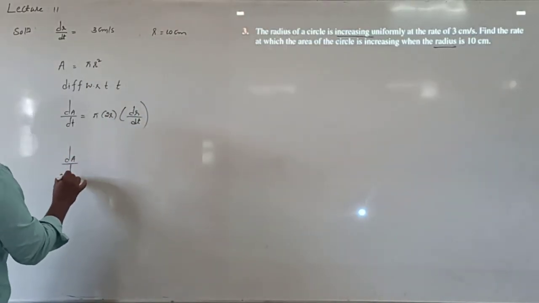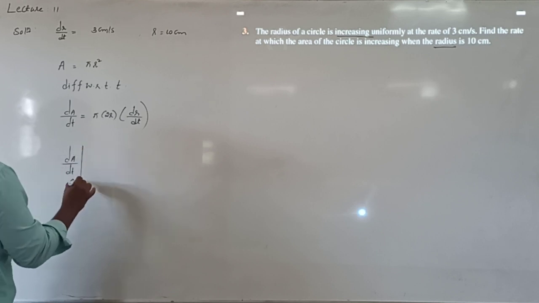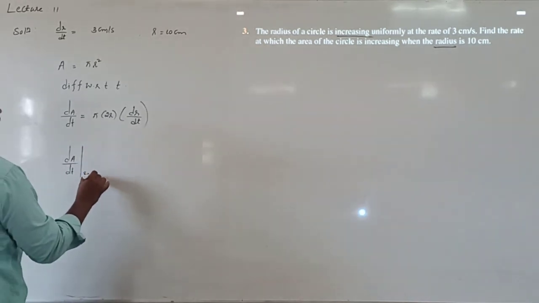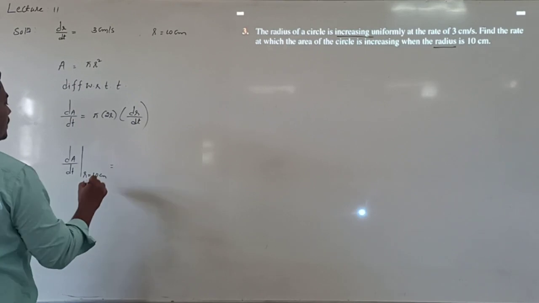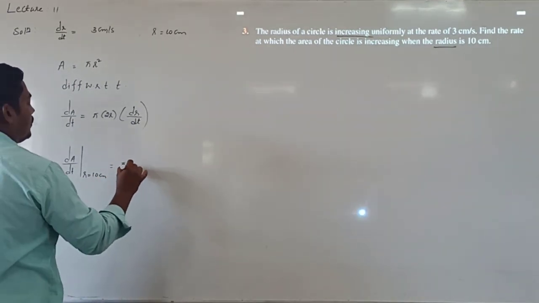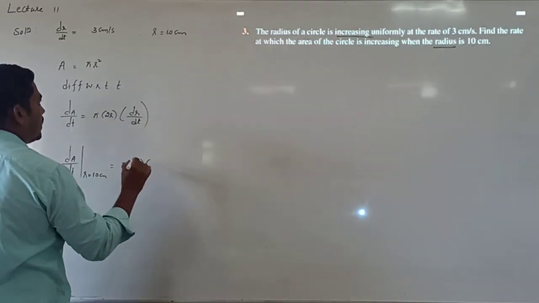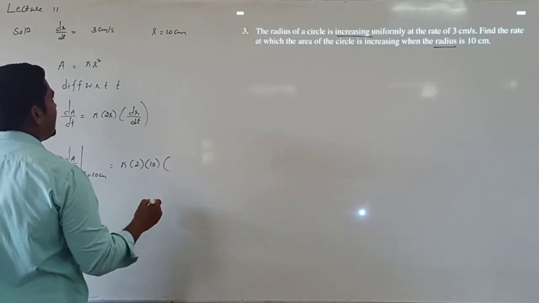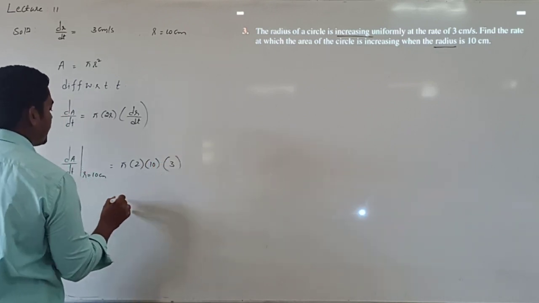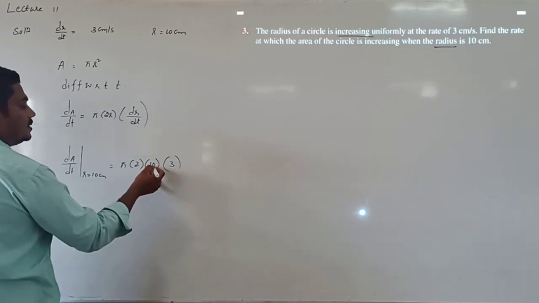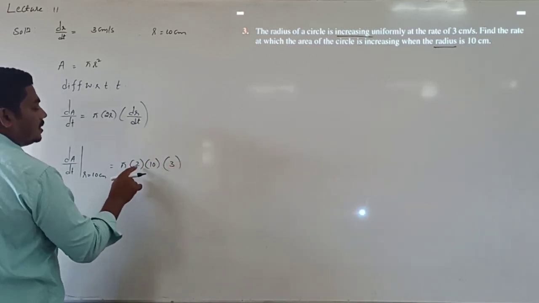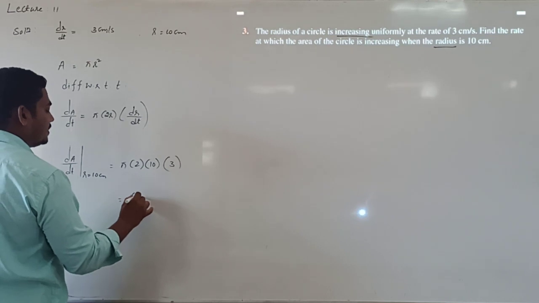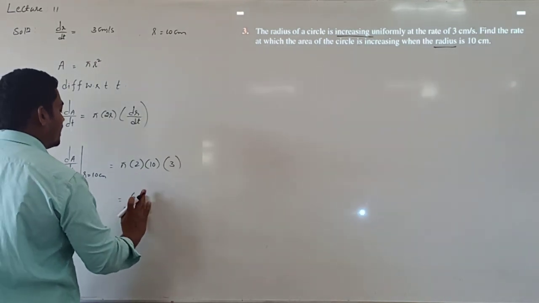dA divided by dt at r equal to 10 centimeter is pi into 2 into what is the r value, 10, into what is dr by dt, that is 3, that is equal to 60 pi.